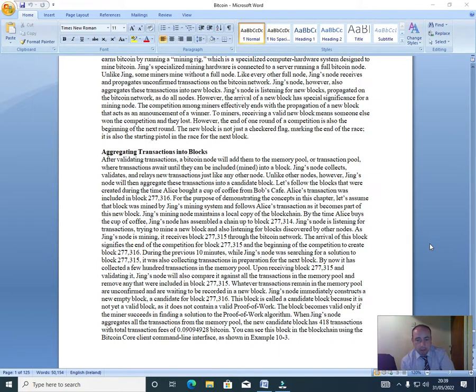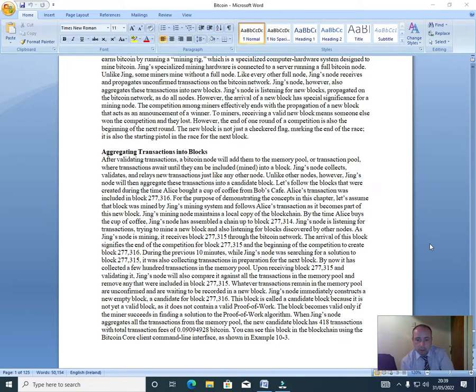During the previous 10 minutes, while Jing's node was searching for a solution to block 277315, it was also collecting transactions in preparation for the new block. By now, it has collected a few hundred transactions in the memory pool.